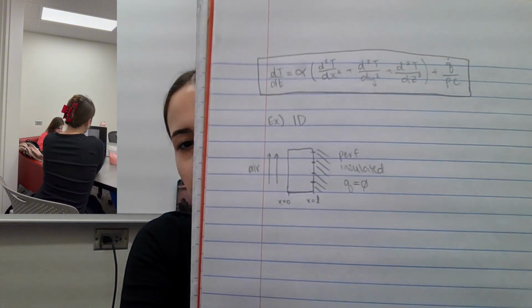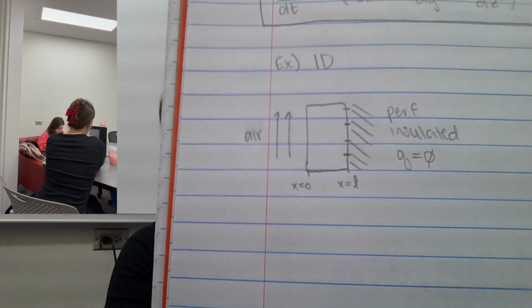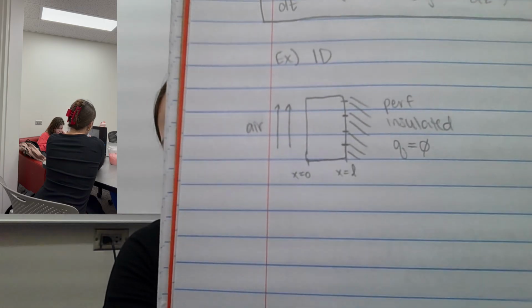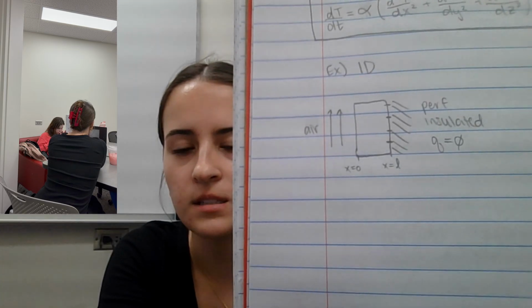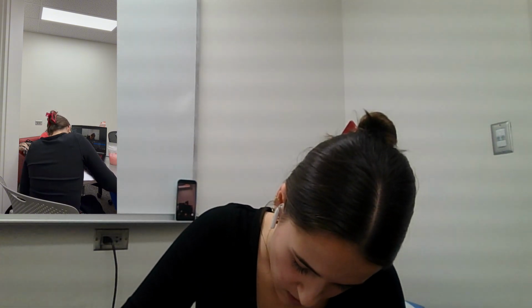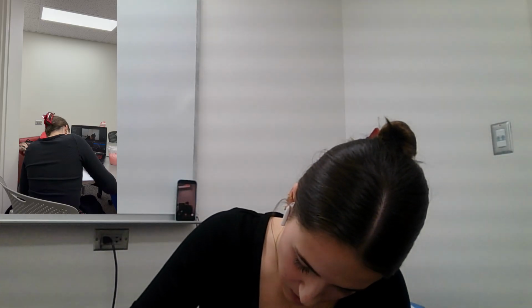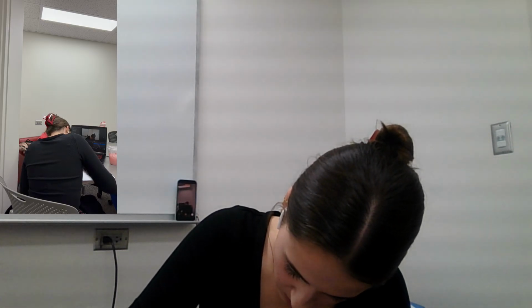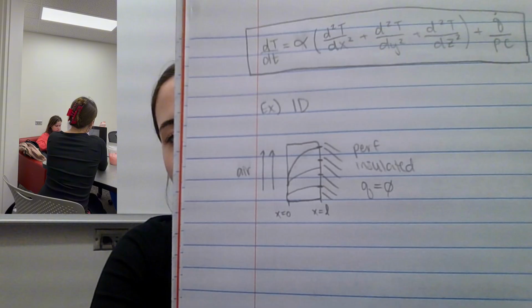So this is what our system is going to look like. We have the perfectly insulated side. The heat flux is going to be equal to 0, which is why I've drawn those slope lines as being perfectly horizontal, because the slope is equal to 0. And then the opposite side is exposed to air. As you'll recall, there's going to be an intense change in slope for the temperature profile as you get closer and closer to our air temperature.